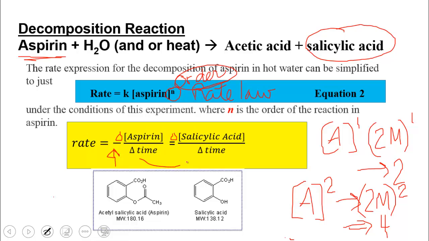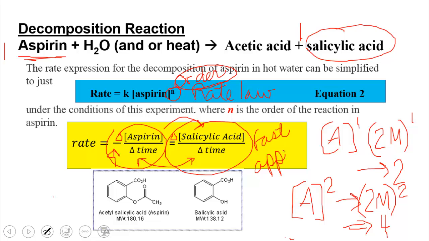We'll see that they are stoichiometrically related because this is a 1-to-1 ratio in our reaction. So essentially, we can talk about how fast the aspirin is decomposing if we measure how fast we get the appearance of the salicylic acid.